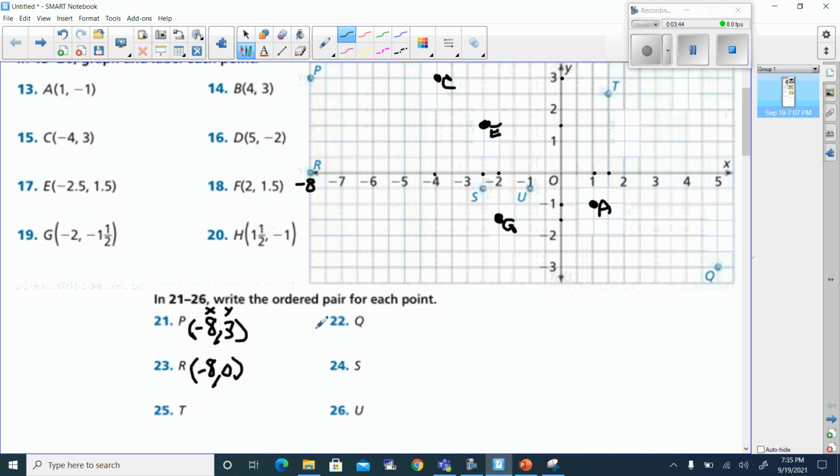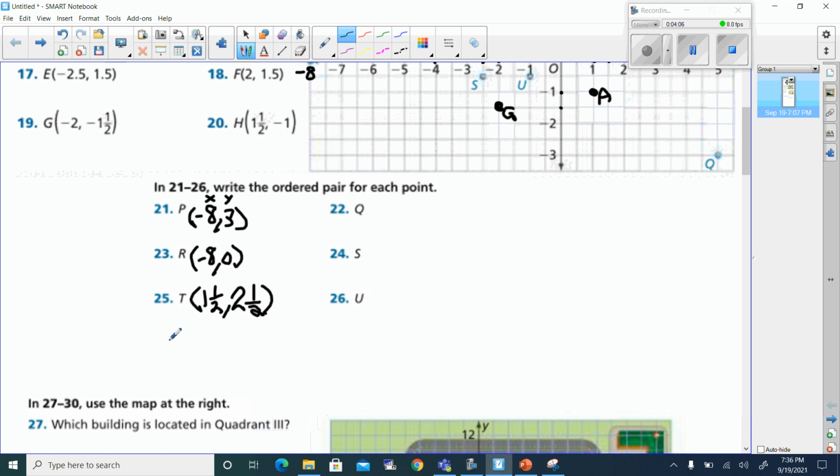So 1.5 and 2.5. And if you wanted to put 1.5 and 2.5, I suppose that'd be all right. So I will also accept all right, those even ones are for you to do.